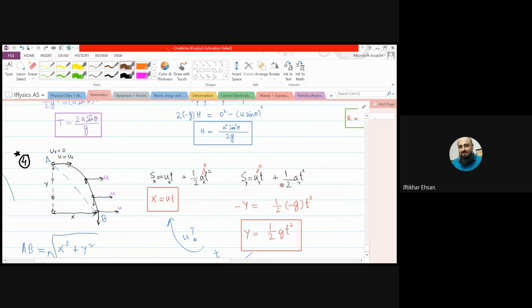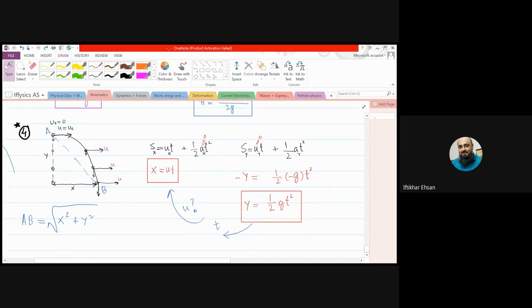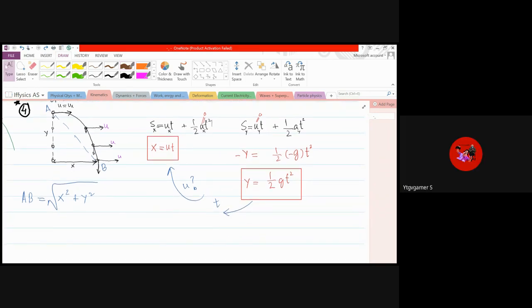We will be left with the acceleration. I have already told you we use vertical acceleration with a minus g, minus sign. The acceleration will be g with the minus sign, the minus will be cancelled, and this will be the formula for vertical distance. So for horizontal distance it's ut, and for vertical it's 1 over 2 gt squared.